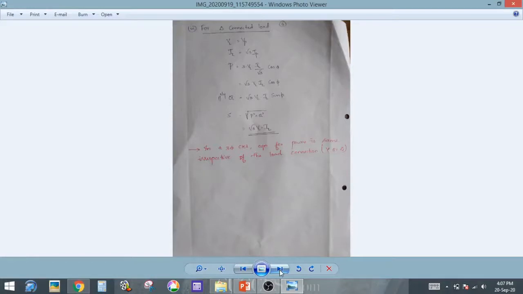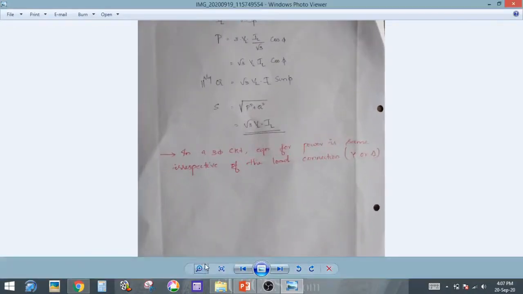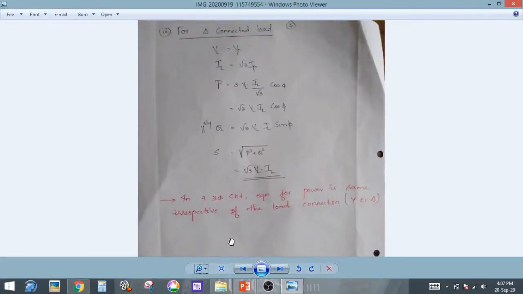For delta connected load, we know line voltage equals phase voltage and line current equals root 3 into phase current. Again, substituting the same expression, power P equals 3 V phase I phase cos phi.